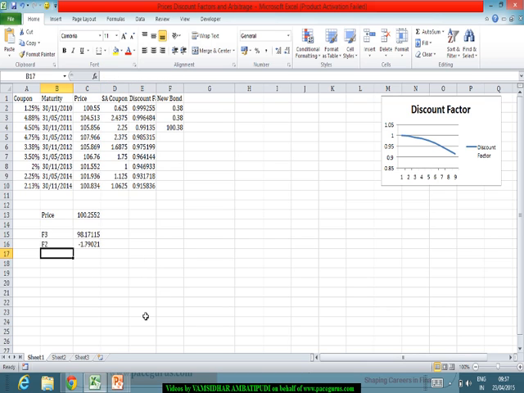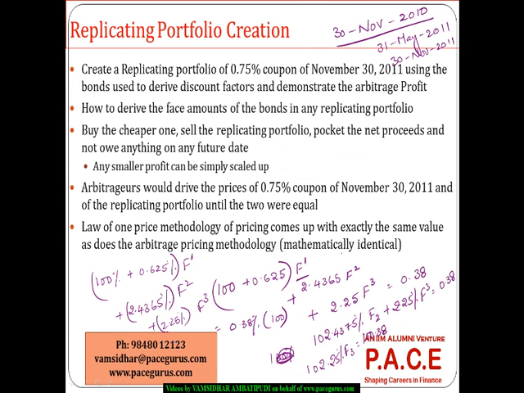Similarly, now I can go ahead with F1 also from this expression. How is F1 coming out? 100.625% of F1 is equal to 2.4365% F2 plus 2.25% of F3.